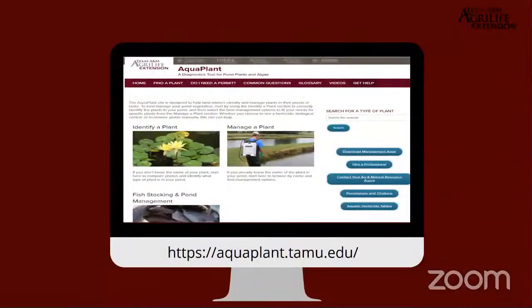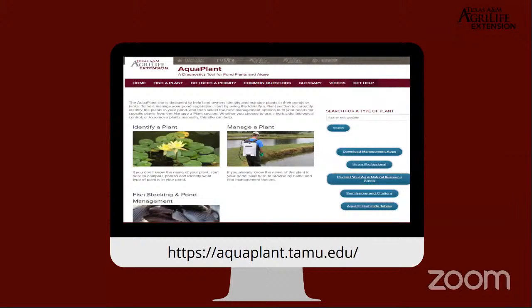So this is the Aquaplant website that I was talking about a second ago. There's actually over 200 aquatic plants on this resource, and you can see the URL at the bottom here. You can go on this resource and it will help you identify what aquatic plant you are trying to manage. It'll have all of the key characteristics listed out. These are very simple characteristics.